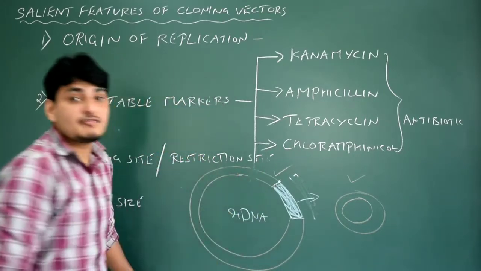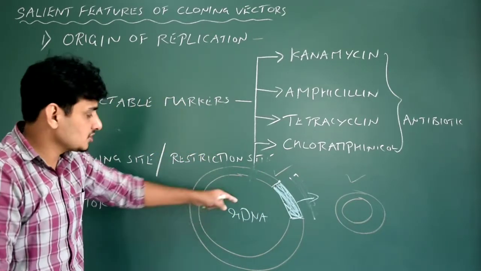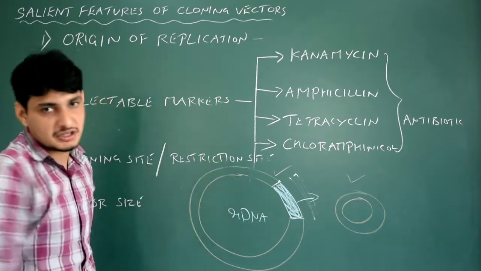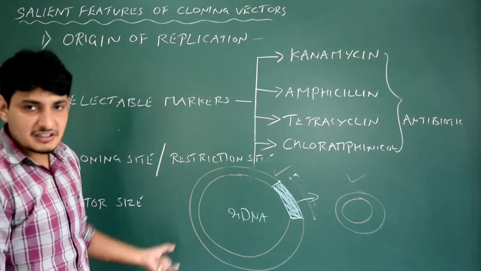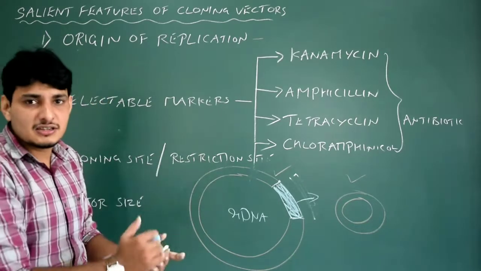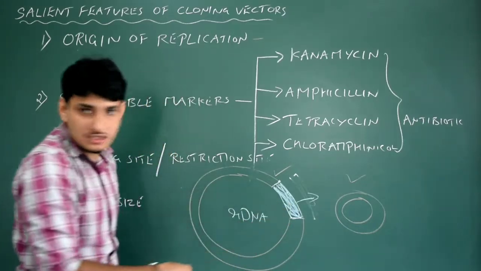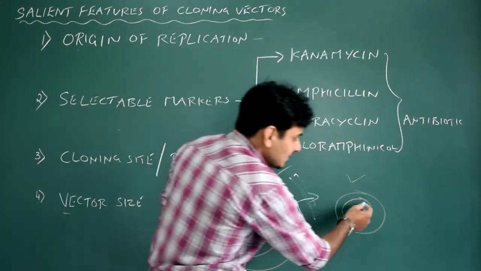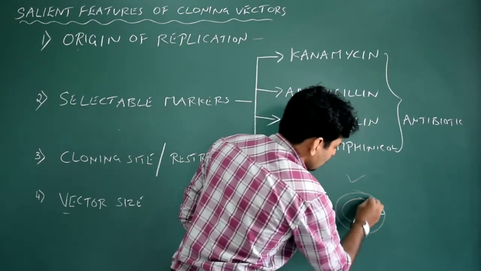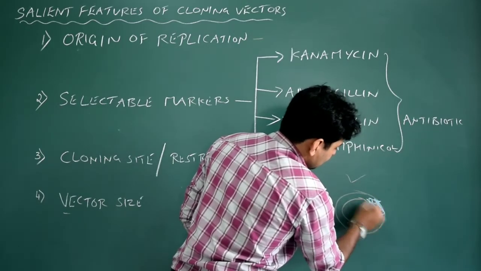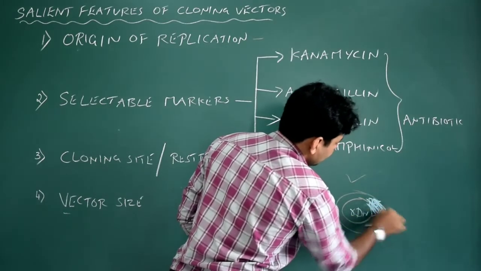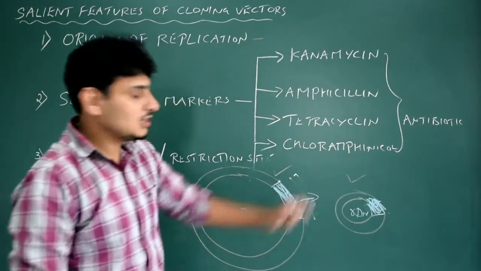There is a high chance of breakage of this rDNA because of its size. Larger the size, higher the chance of breakage. They break because this is circular. Just note this point. If it is tiny like this, so let me just draw the foreign DNA here, and now this is rDNA. If I introduce it to the host organism, nothing will happen to it.